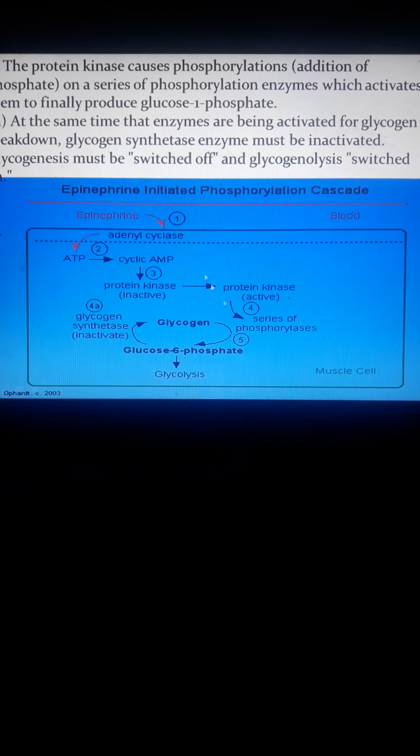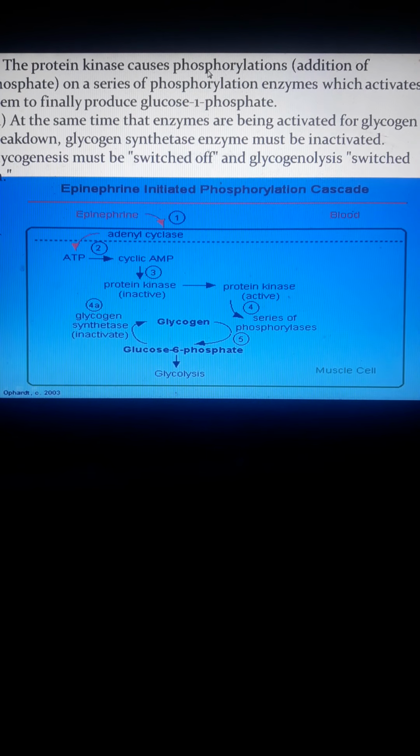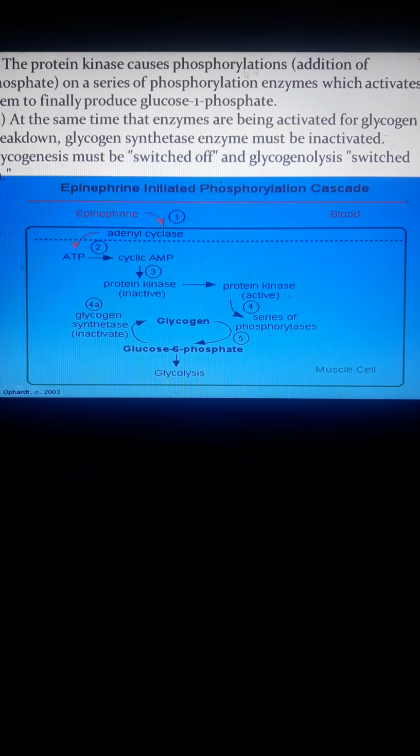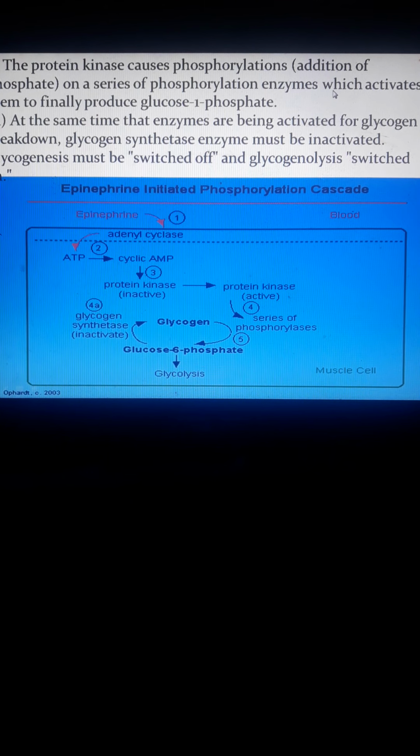Stage number 4, the protein kinase enzyme causes phosphorylation, wherein there is the addition of the phosphate group. So a series of phosphorylase enzymes are involved in the phosphorylation process, or addition of phosphate, which activates them finally to produce glucose 1-phosphate.